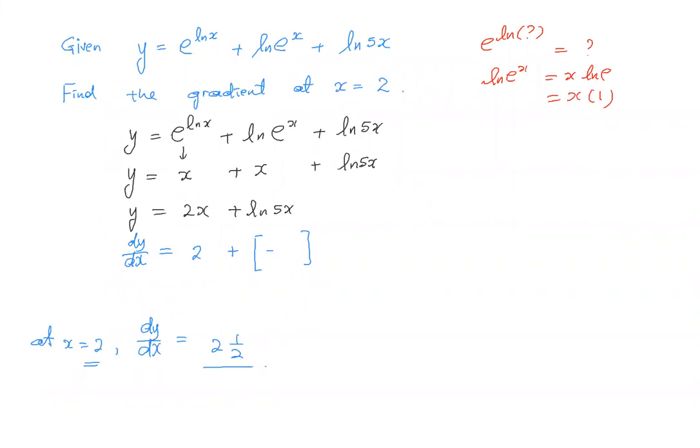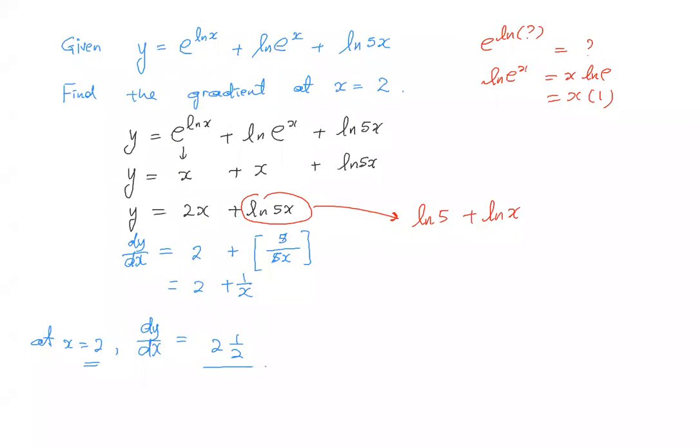Here is 5x, up here is 5, correct? So actually, this is 2 plus 1 over x. Do you know why it is like that? The reason is that next time if I see this, it can be written as ln 5 plus ln x. Am I right? ln 5 is a constant.